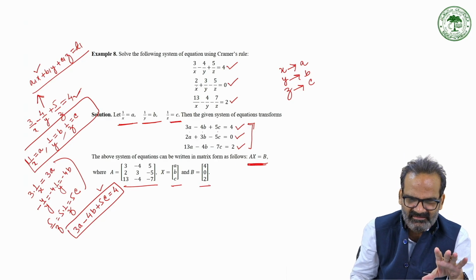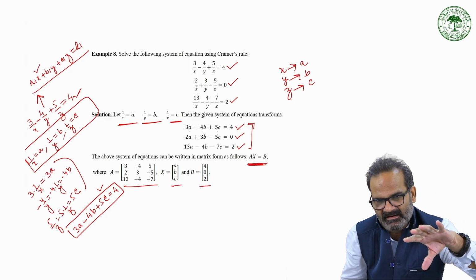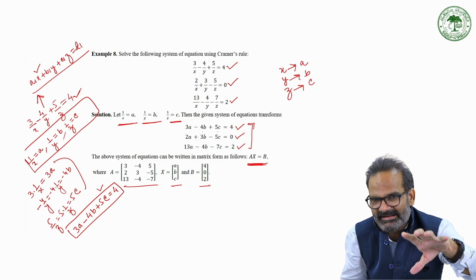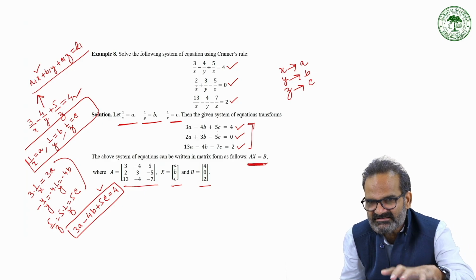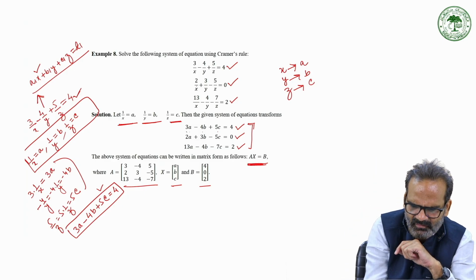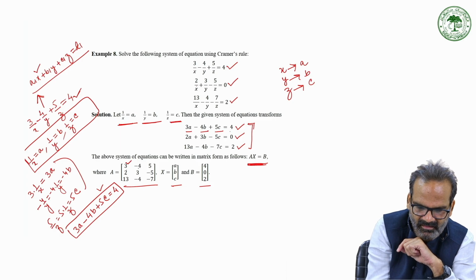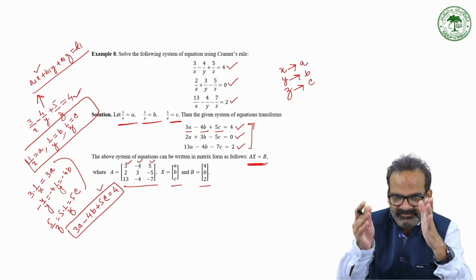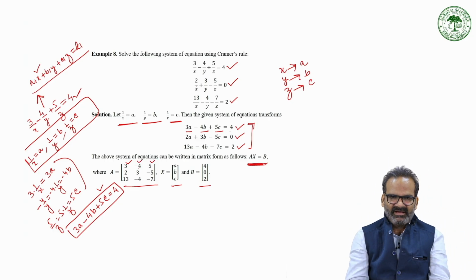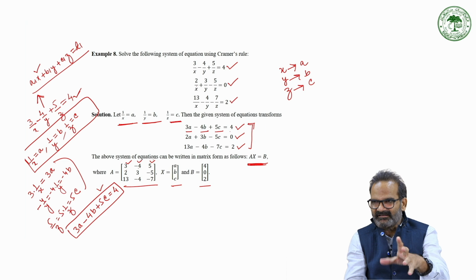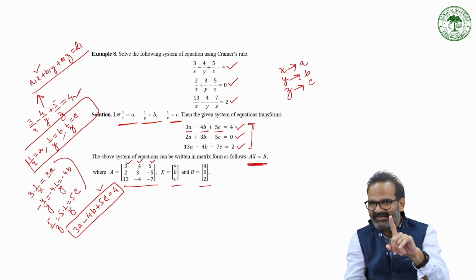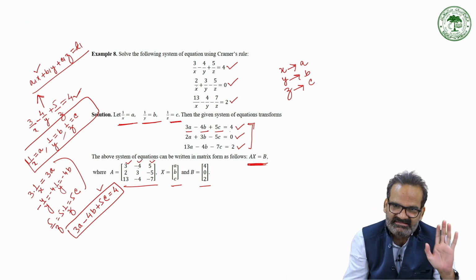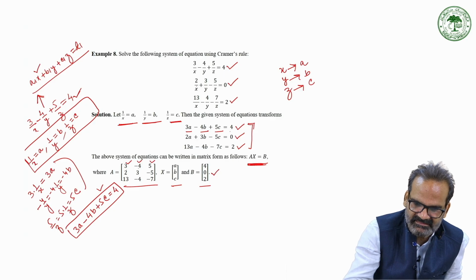A here will represent the coefficients of the variables a, b, c in all these three equations. Let us take one. Coefficient of a is 3, coefficient of b is minus 4, coefficient of c is 5. So 3, minus 4 and 5. This way you can write down this matrix A. X is here now a, b, c in place of x, y and z. B will remain as it is, right?